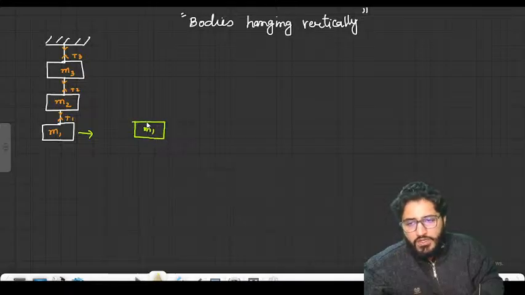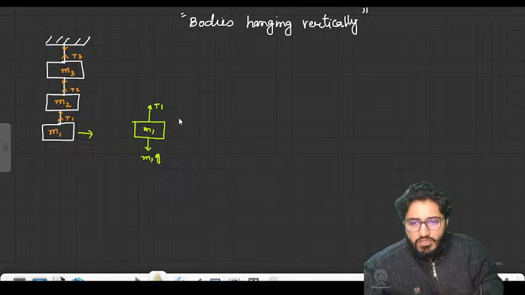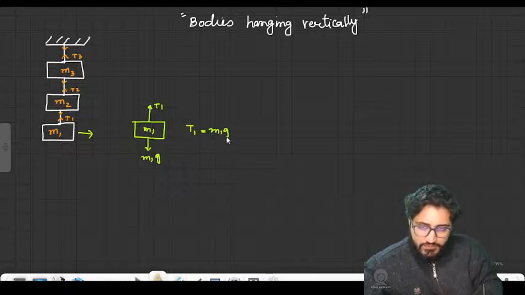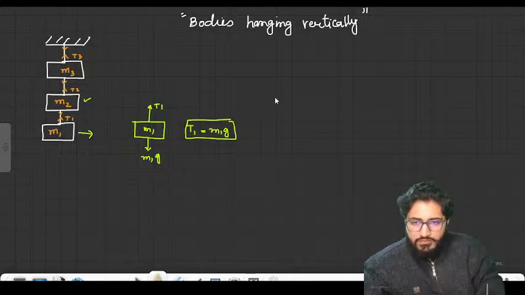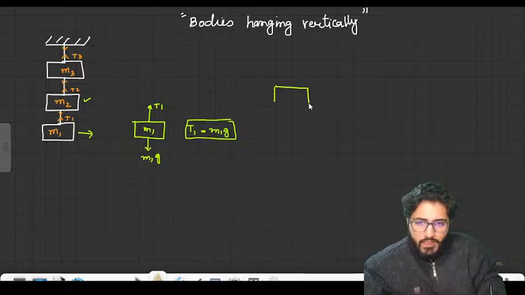For M1, there will be a tension T1, and the weight will be downward, that means M1G. So simply T1 is equal to M1G. Take this one. It is M2.